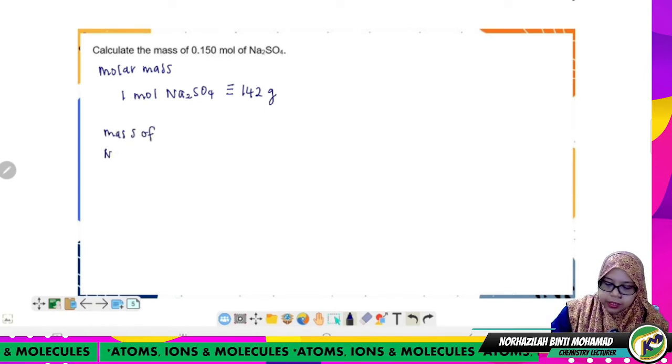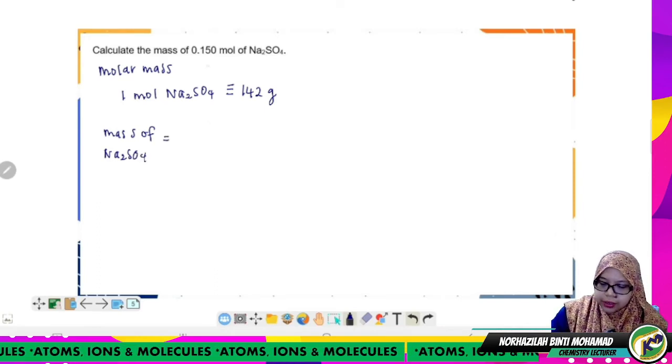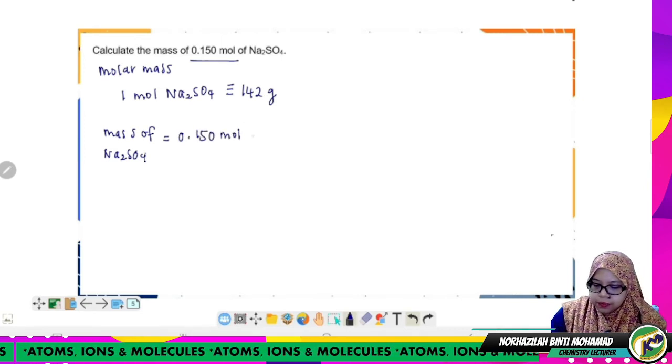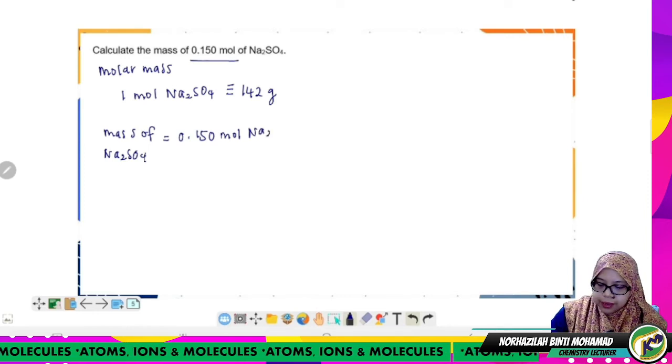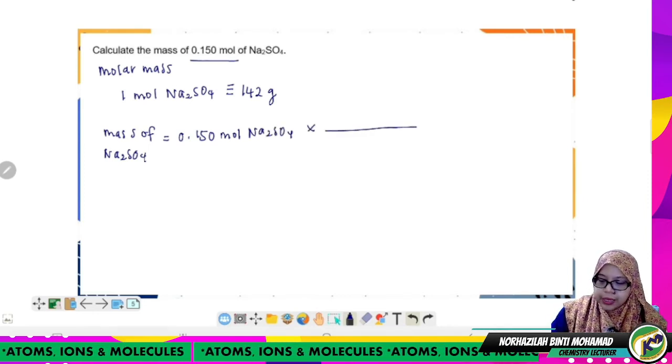So mass of sodium sulfate is equals to, so given the mole is 0.150 mole of what? Sodium sulfate. Okay, times with, okay.